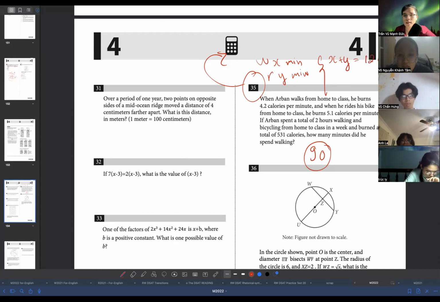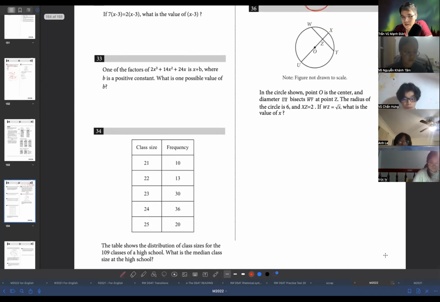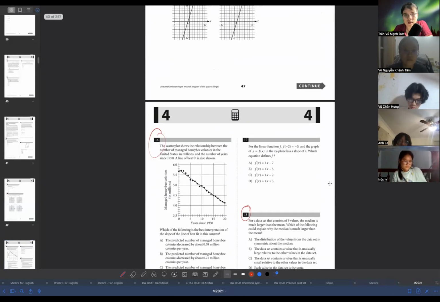And 4.2x plus 5.1y equals 531. So this system of equations, you just use your calculator and it's 90. Let's check. Okay, it's correct. Very good. It's quite easy, so you're going to do the next one also if it's difficult.